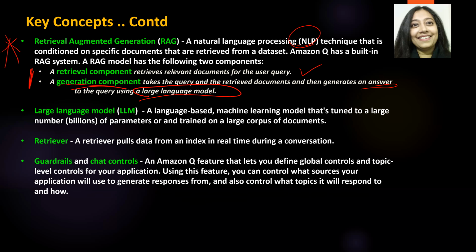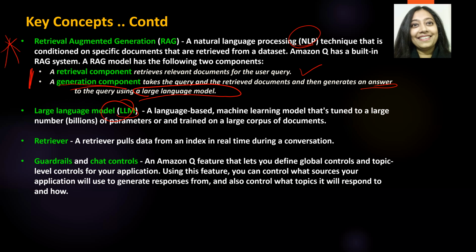Now, we spoke about another term in this particular section, large language model, or LLM, another acronym for you to remember. A large language model is a machine learning model that is tuned or trained on a large corpus of documents or a large index of documents using billions and billions of different parameters. So behind the scenes, you can say that Amazon Q uses RAG.